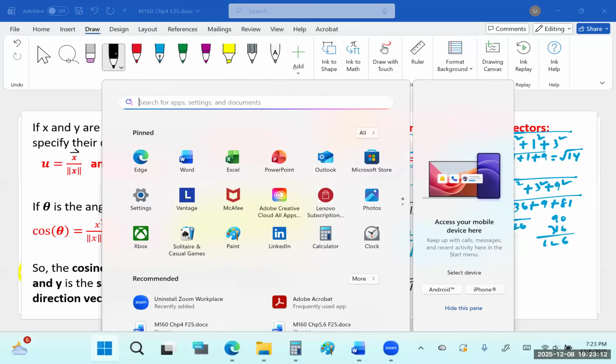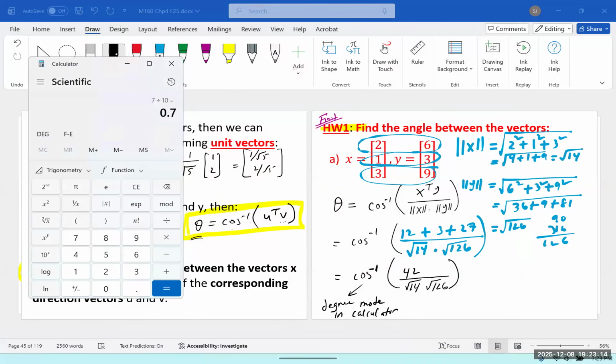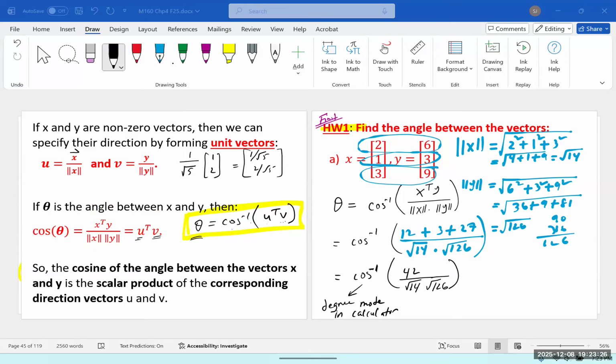I don't see any inverse function here, only cosine, secant, tangent, so I couldn't do this here, but in your calculator, it will have a cosine inverse. Another name for cosine inverse is arc cos. So if you see arc cos at the bottom, it means cosine inverse.